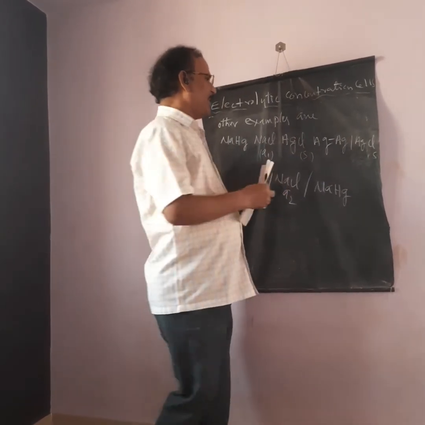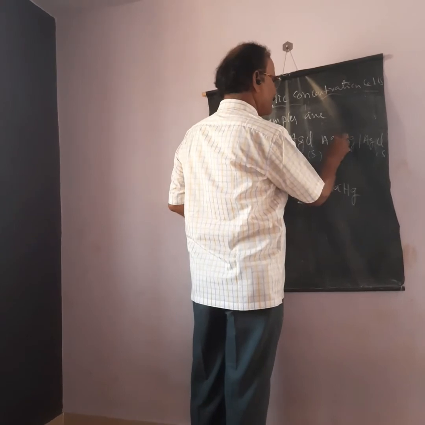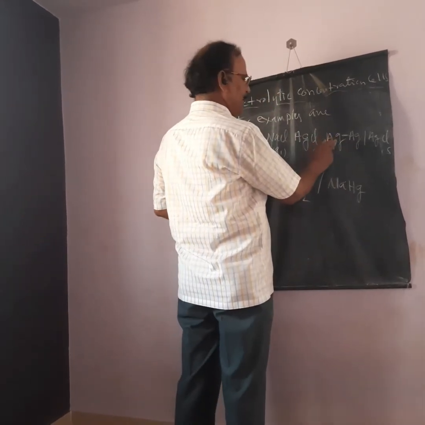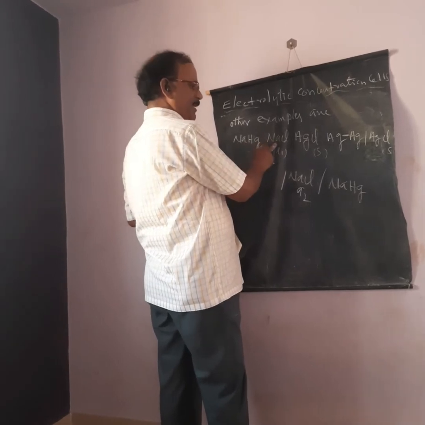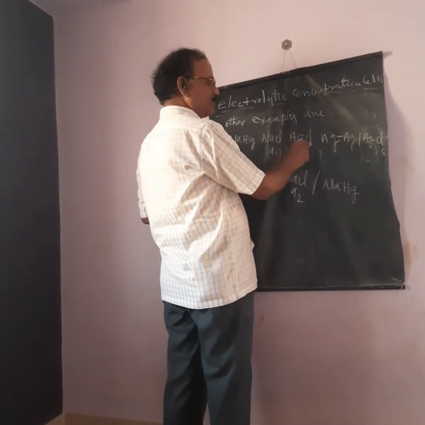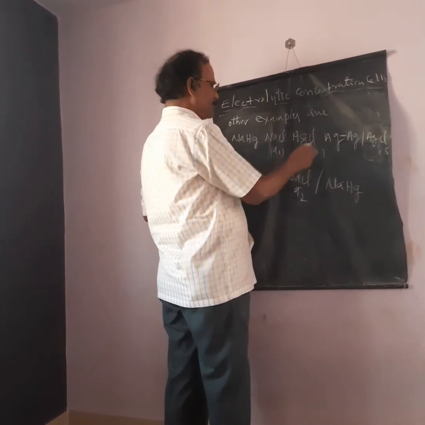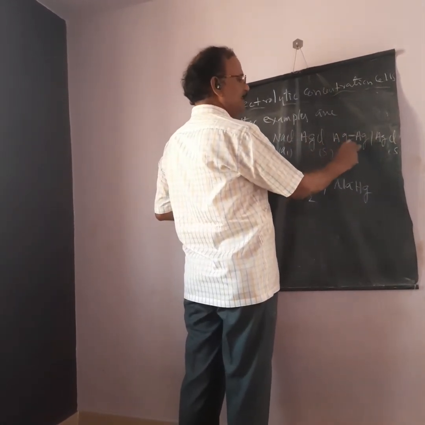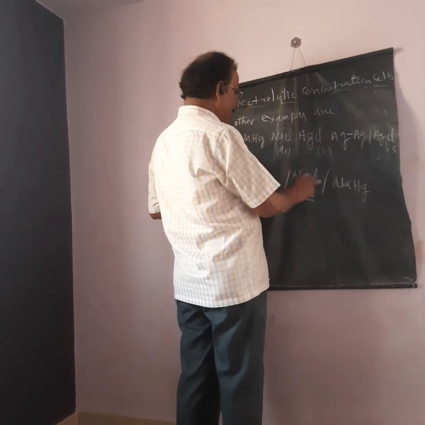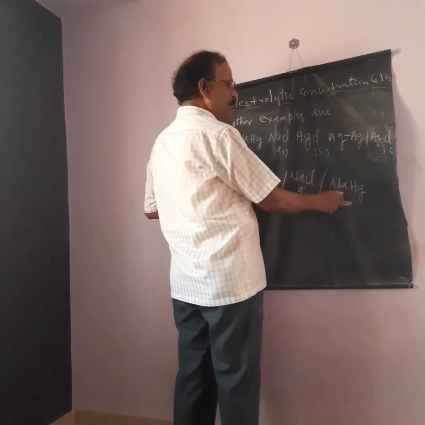This is a metal, insoluble salt, metal ion in contact with the same metal and insoluble salt with the same ion. Here instead of a salt bridge we have an AgCl assembly. So the cell is NaHg, NaCl at activity A1, AgCl solid, Ag, then NaCl at activity A2, NaHg.